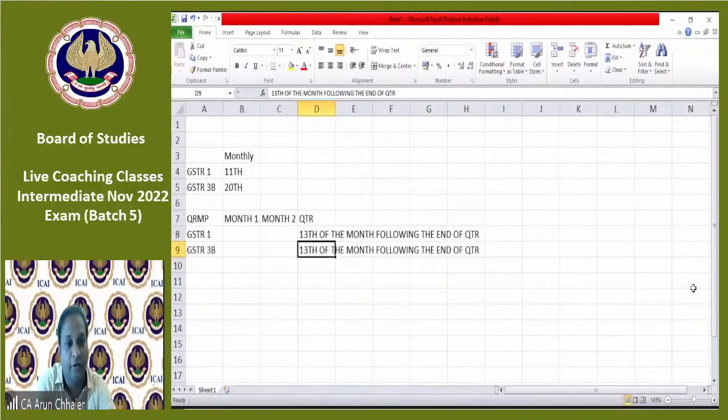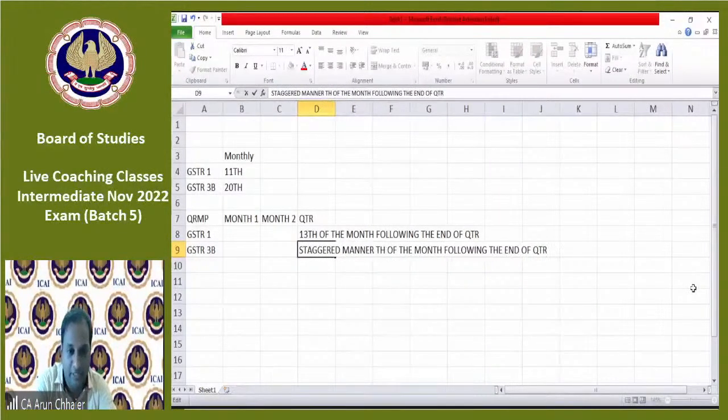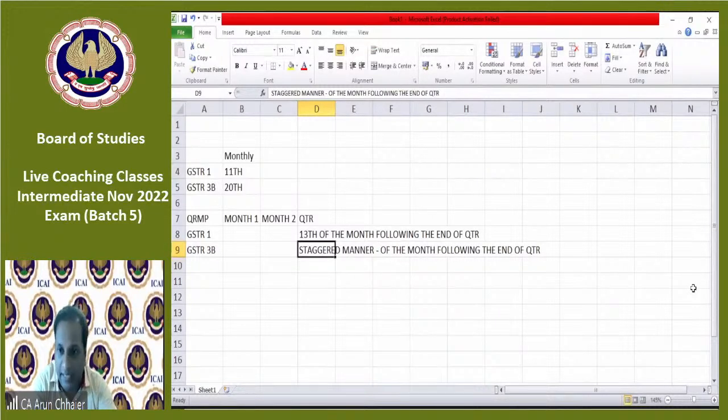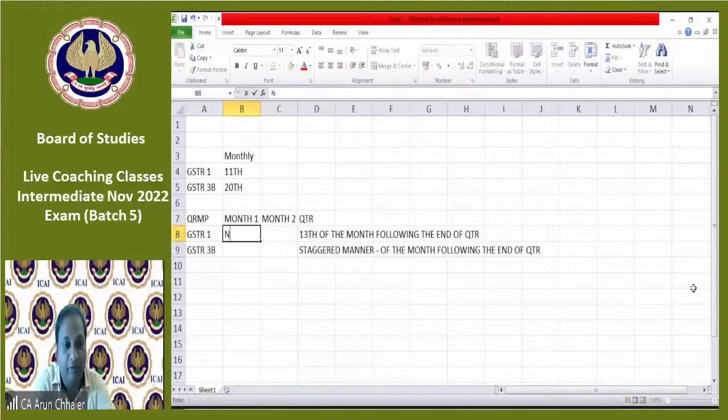And here the due date is staggered. We'll discuss in 3B. Staggered means depending upon the state, they are keeping the date.